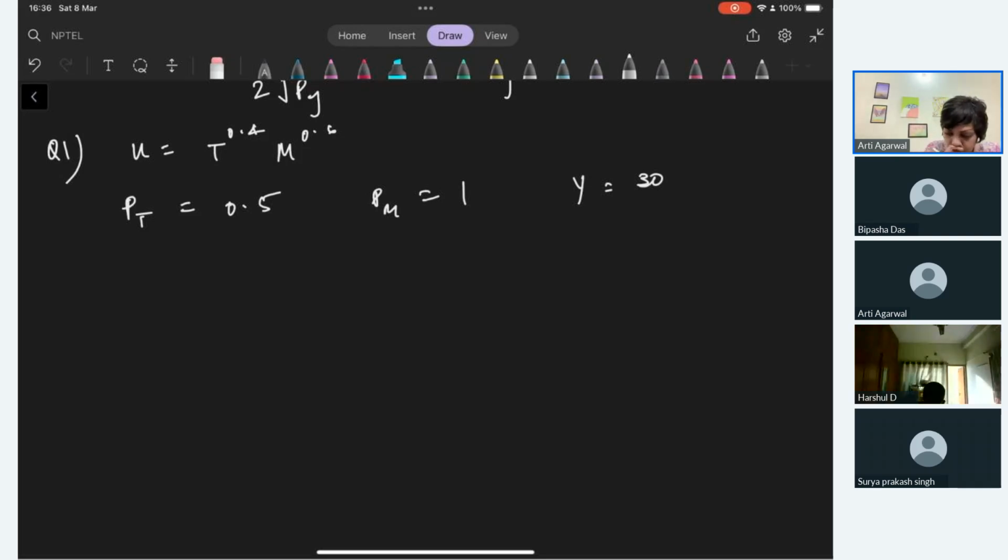Okay, so first, let's write the budget constraint. Budget constraint is t·pt plus m·pm. This is the objective function to maximize, and this is the budget constraint.